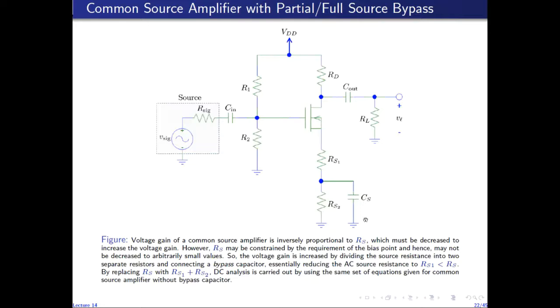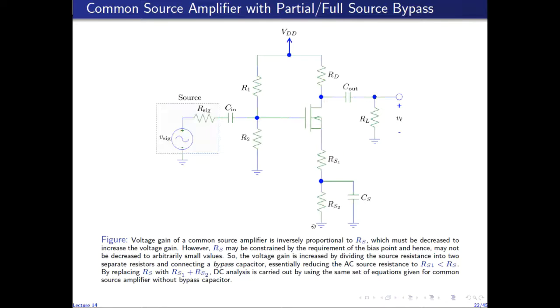So what happens is that at AC, under the assumption that we are operating in the midband of the frequency range, this CS has values of the same order as the coupling capacitor. So this CS will be short-circuited for the AC equivalent circuit, which means that this node will be at AC ground, which means that the AC equivalent source resistance will be RS1, which is less than RS.